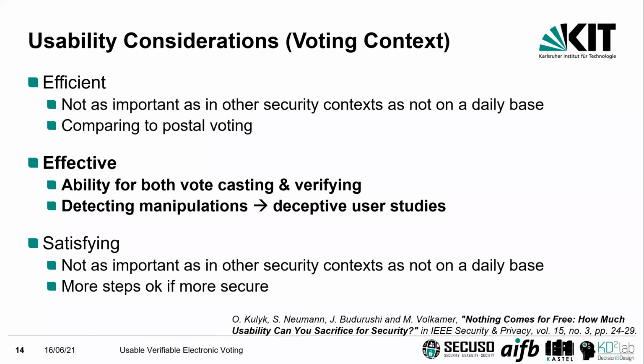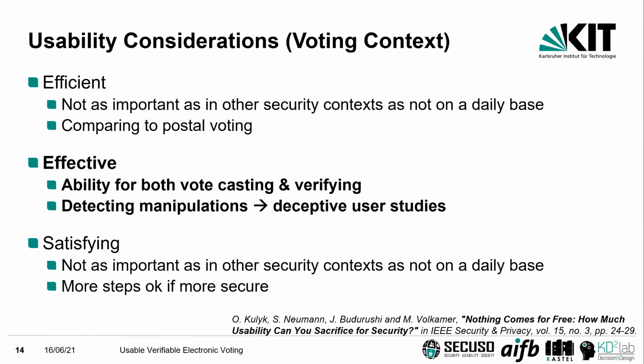We gave them two more where they had to do additional steps for security reasons. And we actually told them that they have to take these additional steps for security reasons. All the participants agreed that it's okay to take additional steps if it is needed to get an adequate level of security.